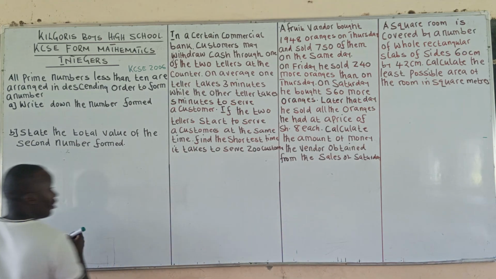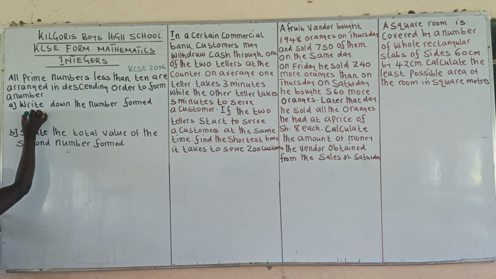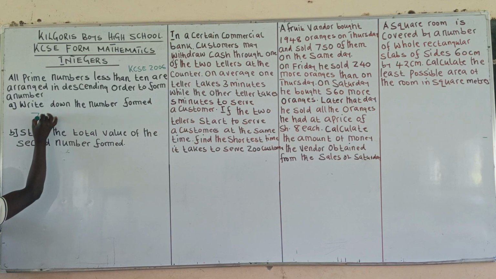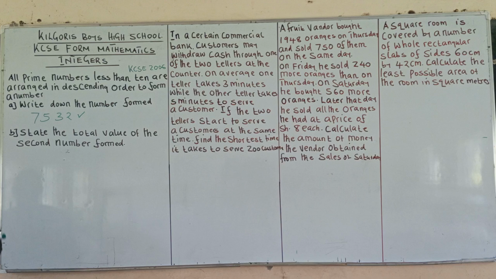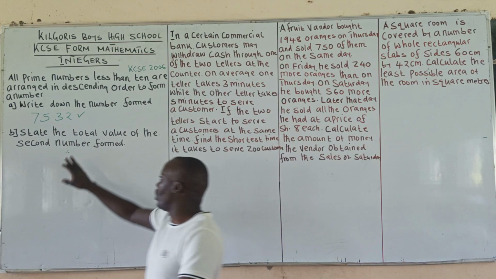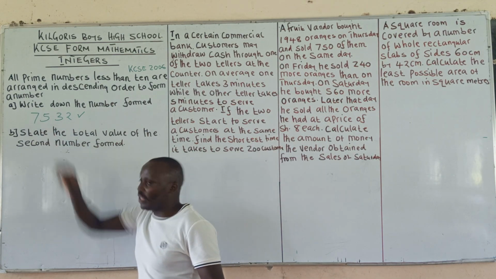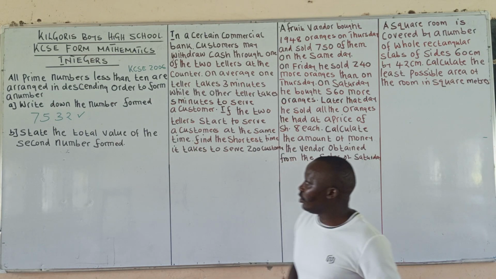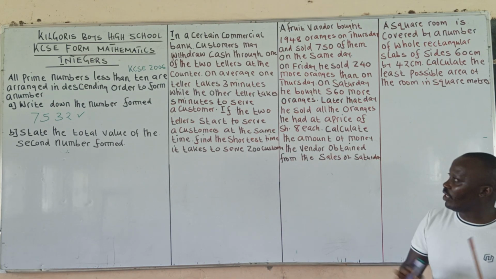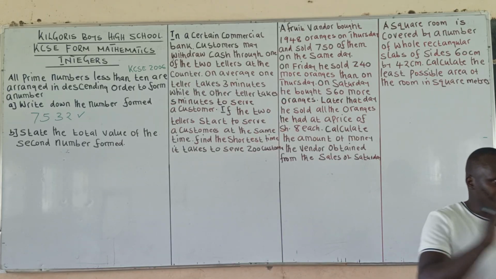Write the number formed. The number formed is 7,532.